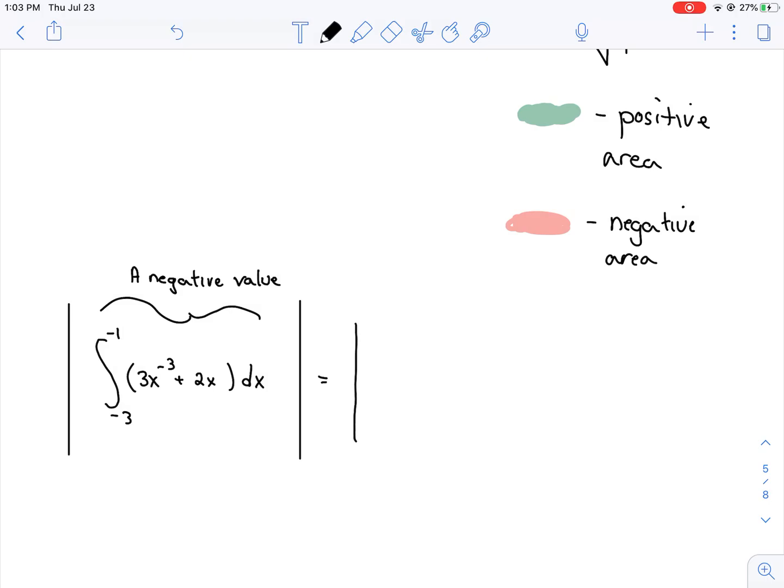So next, we're going to find the antiderivative of this function, and that is going to be negative 3 halves x raised to the negative 2 power plus x squared. And we're going to evaluate that from negative 3 to negative 1, and then take the absolute value.